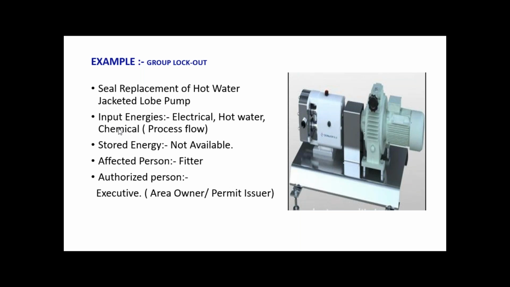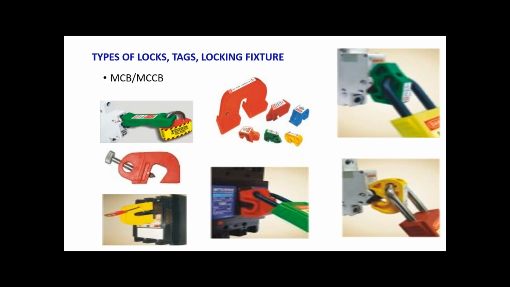Now I hope you understand what exactly the individual lockout system and the group lockout system are. From this picture you can understand the different types of locks, tags and locking fixtures. That is for the miniature circuit breaker, called MCB, and MCCB, that is molded case circuit breakers. So it is especially for the electrical energy sources or for electrical works.